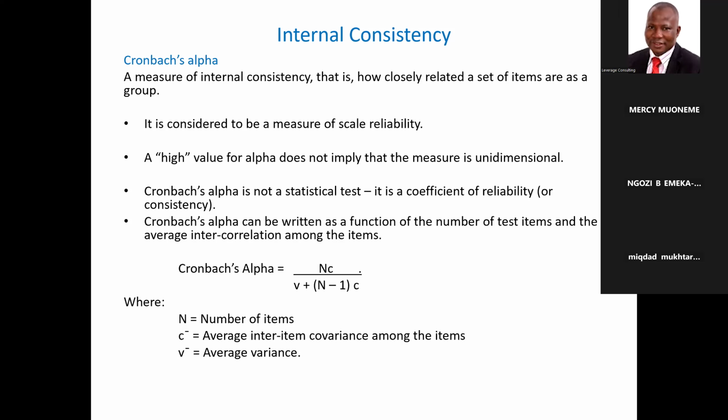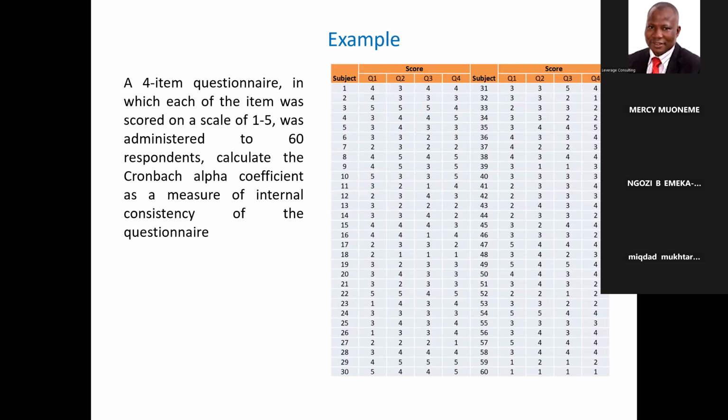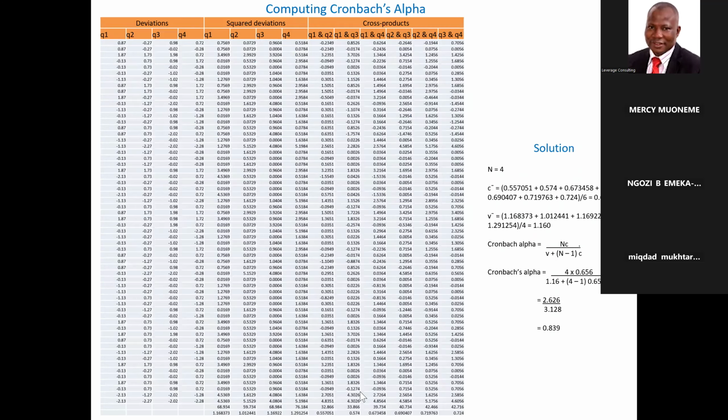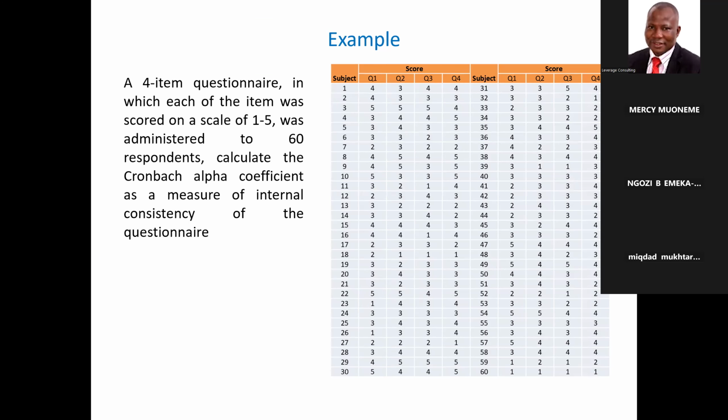The formula is there, but you don't need to bother yourself; that's what it means. It takes all the items into consideration in calculating internal consistency. Of course, as we have already said, it's always on a scale of 0 to 1. It's the correlation.